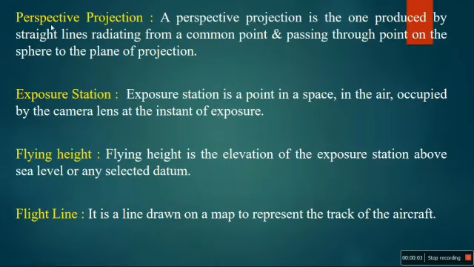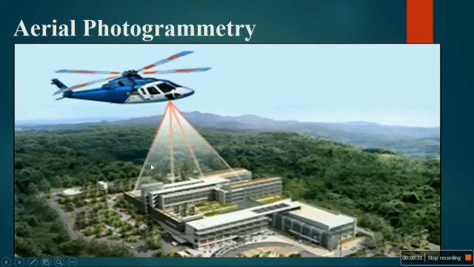Next definition, that is perspective projection. Perspective projection is the one produced by straight lines radiating from a common point and passing through points on the sphere to the plane of projection. For example, just observe here.